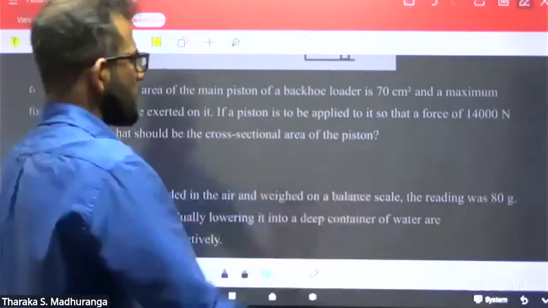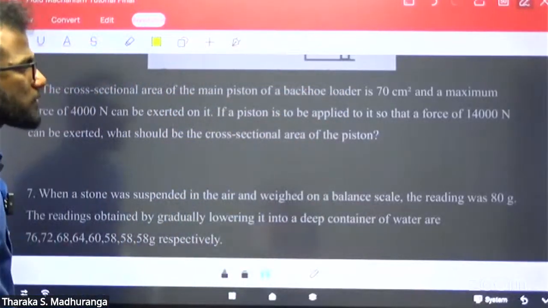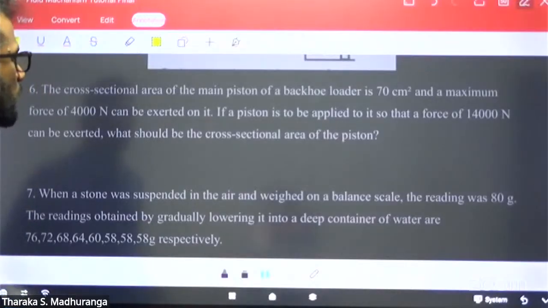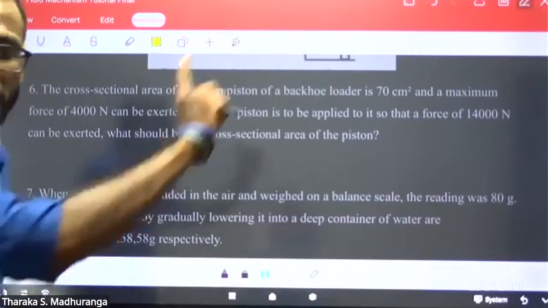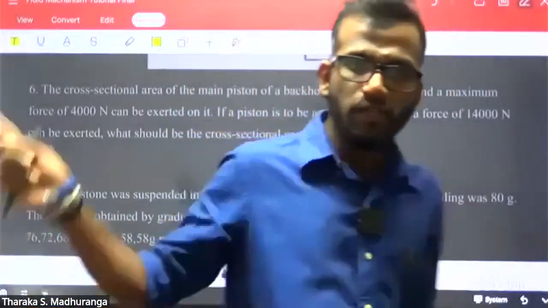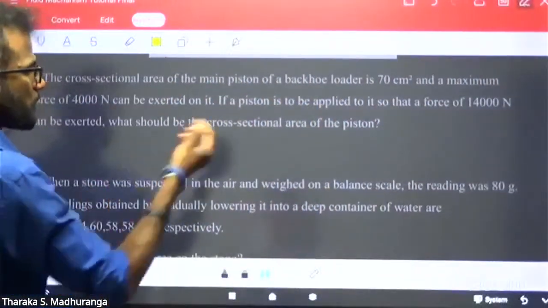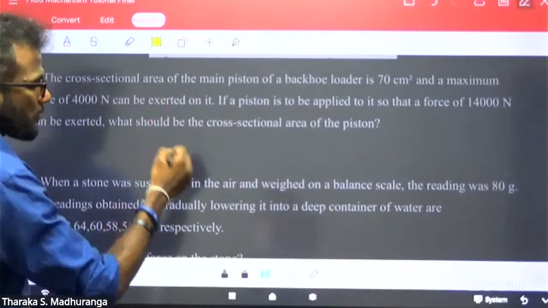If a force of 14,000 Newton is to be exerted, what should be the cross-section area of the other piston, not the main piston? The main piston cross-section area is given. Then it is very simple, the same equation as in pressure transmission.